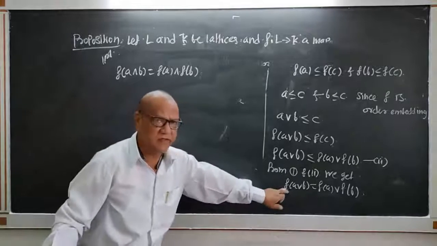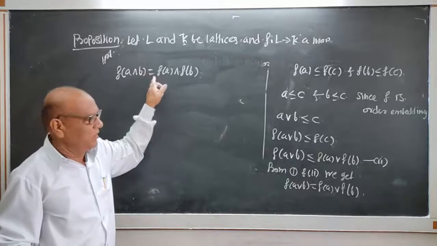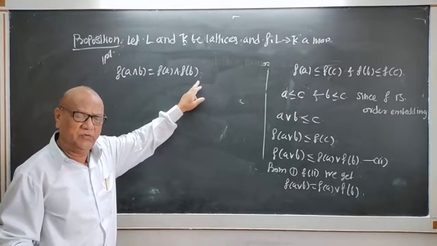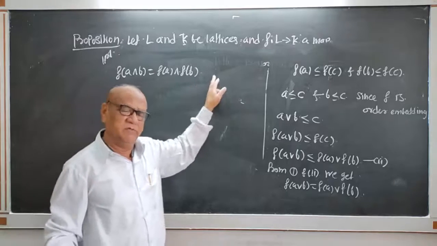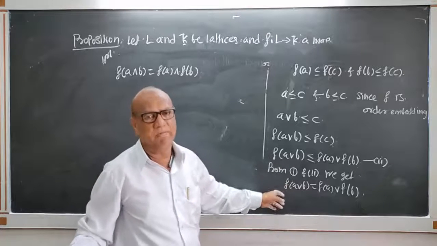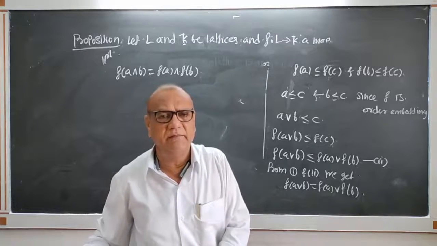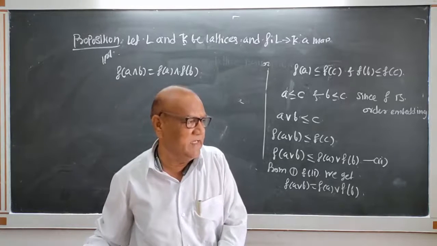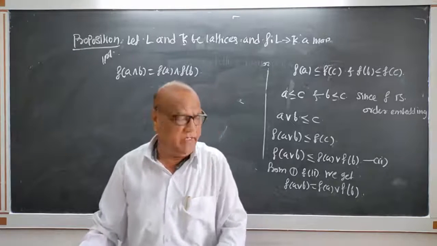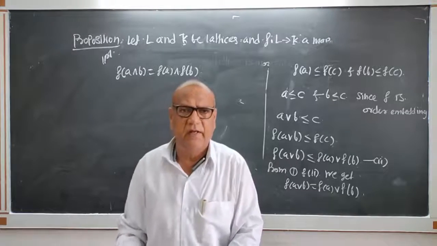These two relations give a lattice homomorphism. But f is bijective, that means one-one and onto, and the lattice homomorphism is satisfied. So f is a lattice isomorphism. Okay? We will stop here. Thank you.